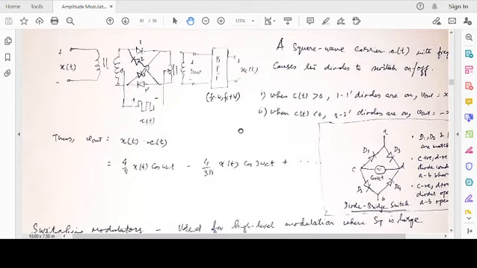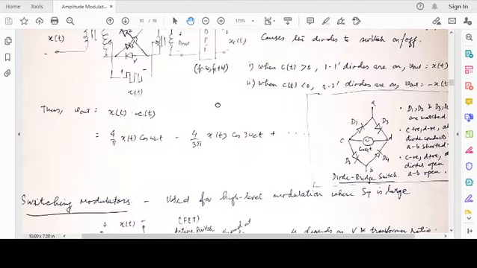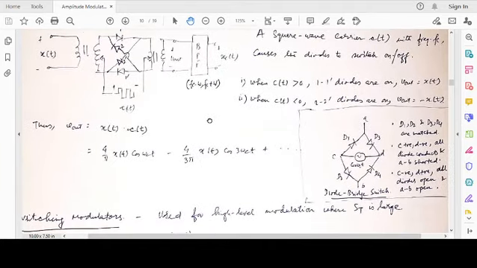So what is the output now? Vout is basically x(t)c(t). When c(t) is positive, we have plus x(t). When it is less than 0, minus x(t). Now you do a Fourier analysis. The c(t), if it is a pure square wave, is 4 by pi cosine omega c t, minus 4 by 3 pi cosine 3 omega c t, plus cosine 5 omega c t, and so on.